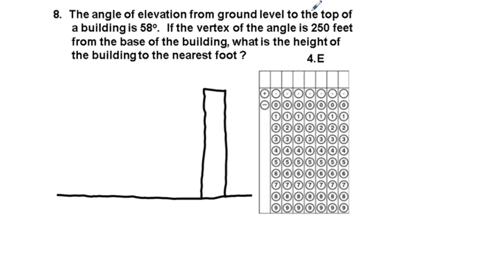But we have an angle from ground level to the top of that building, which is 58 degrees. And we have also this distance from that line of sight, which is to the base of the building, which is 250 feet.